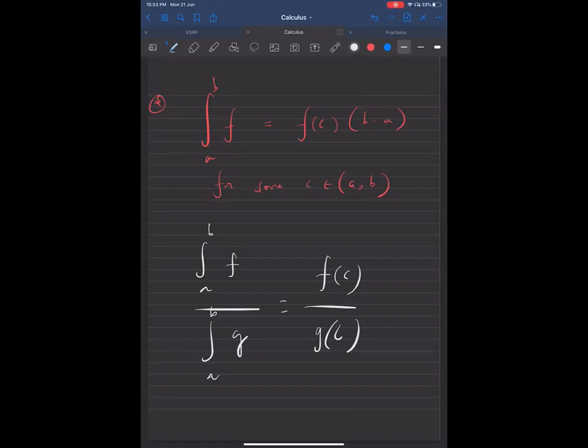All these are again going back to the mean value theorems and stuff like that. So try to figure out why they are correct.